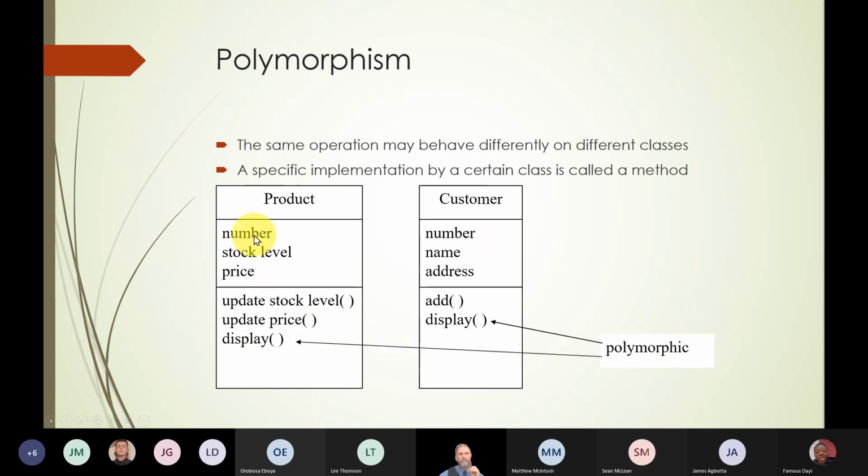For the product, it displays the number, the stock level, and the price. And for the customer, it displays the number, the name, and the address. And we've got a fancy name for that. It's called polymorphism. So the display functions are polymorphic.